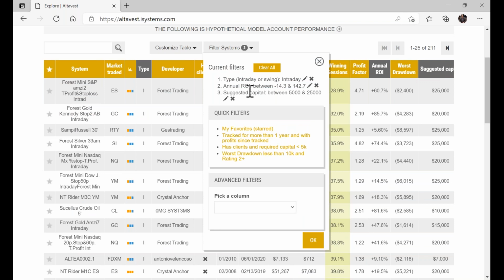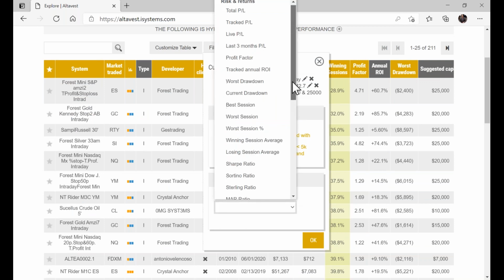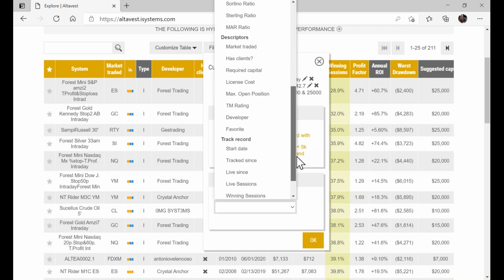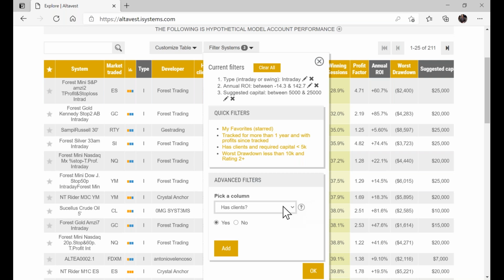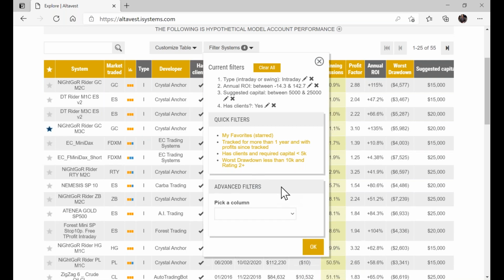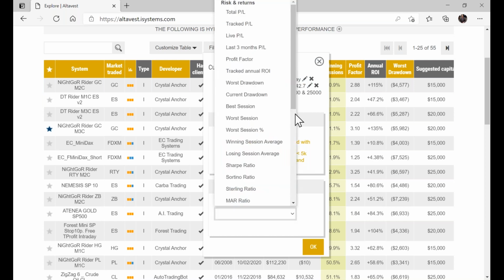All the filters here, you can see them listed. And perhaps we'll add if it has clients that are trading it with live money. Yep, so now you have 55 that meet all these criteria here. And of course, you could modify any of these filters, or you could keep adding more and more.